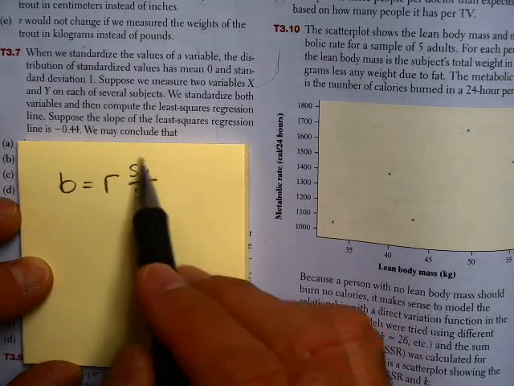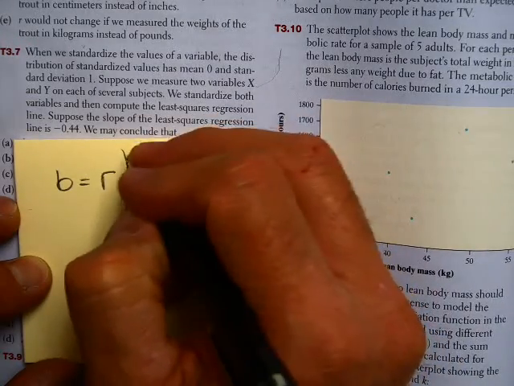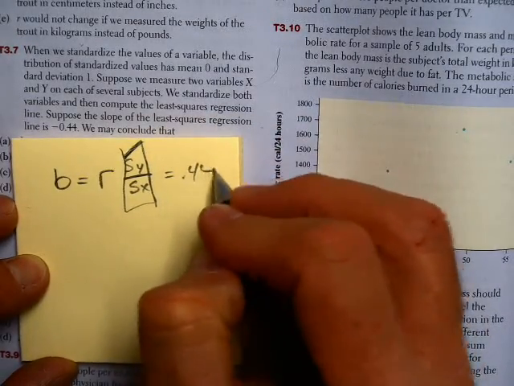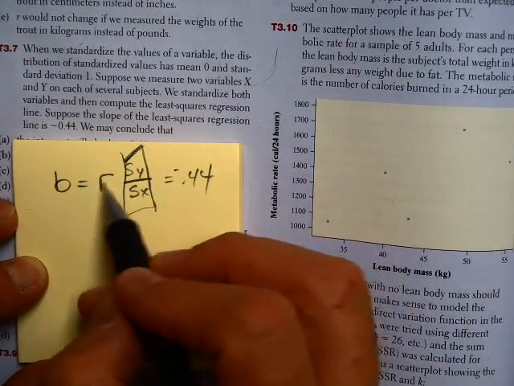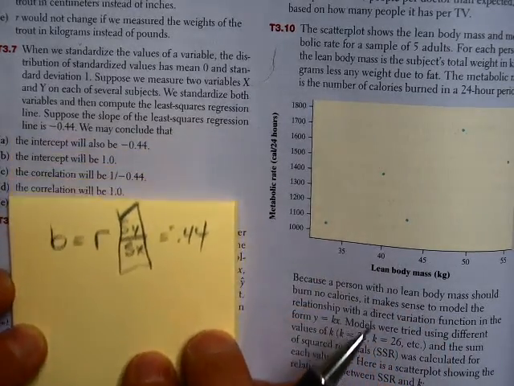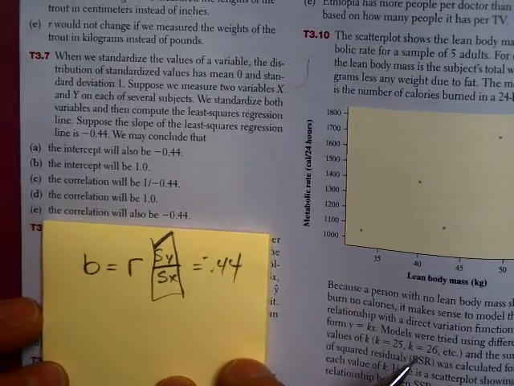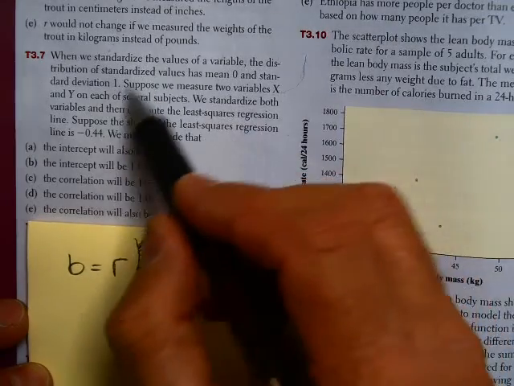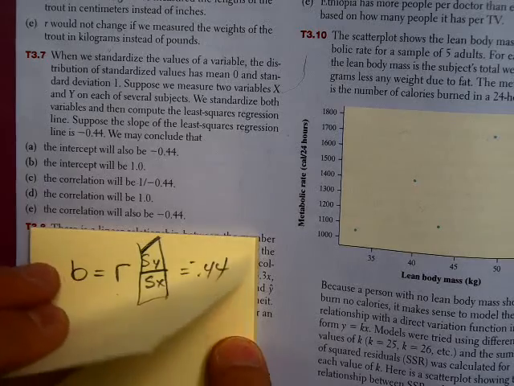So, since that is 1, and we get -0.44, what must R be? Well, R must be -0.44. And that is E for the correct answer. The correlation will also be -0.44, simply because of this one situation. That's tricky, but that's where that answer lies.